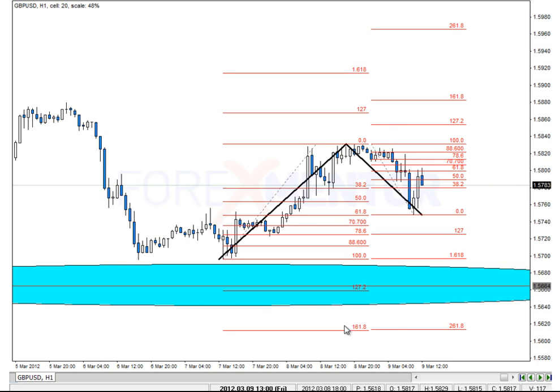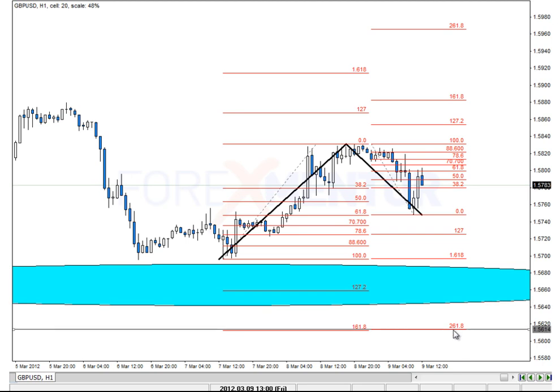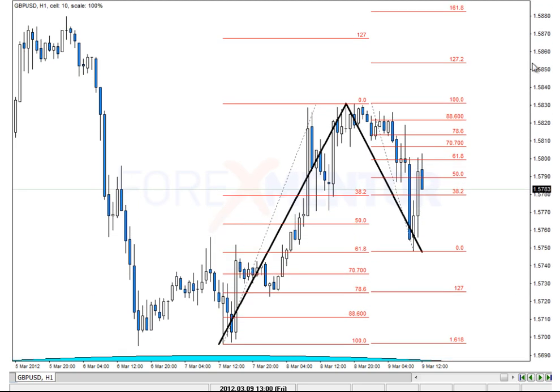So very, very tight confluence, and the tighter the number is to that 62 Fibonacci level, the tighter this number and this number are going to be. So that's the level right there.